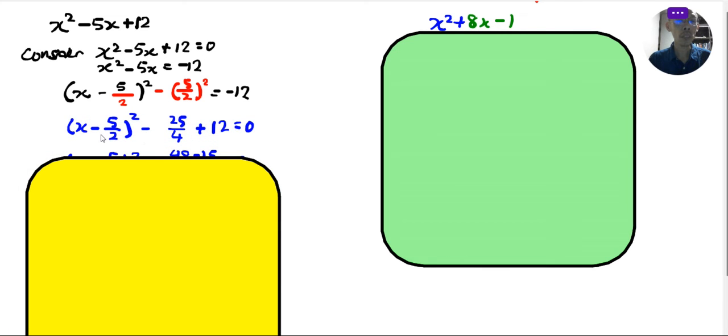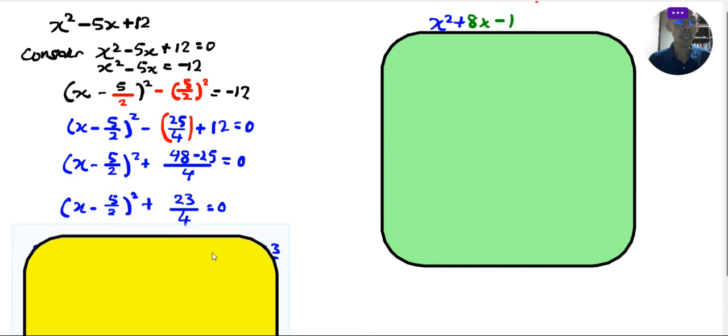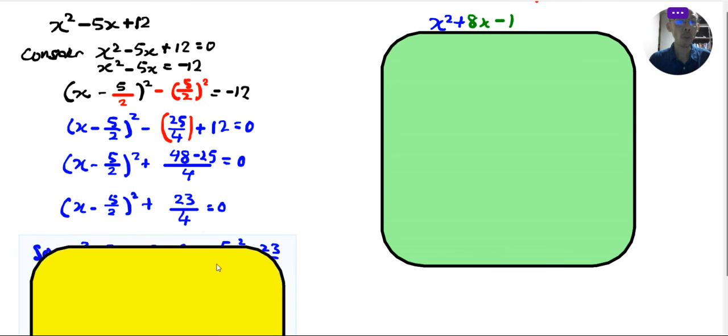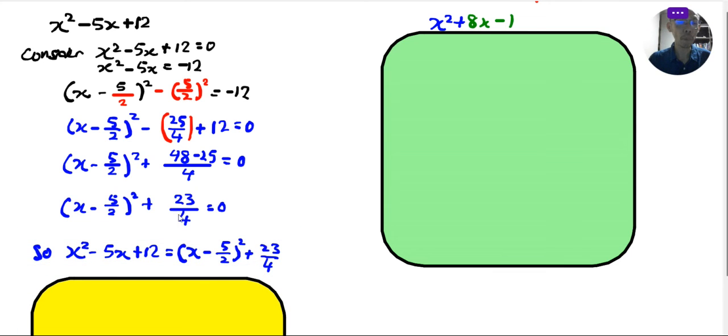Now you can see that I will expand the thing in red into 25 over 4. Now, I simplify once more. That is negative 25 over 4 plus 12, and I get 23 over 4.